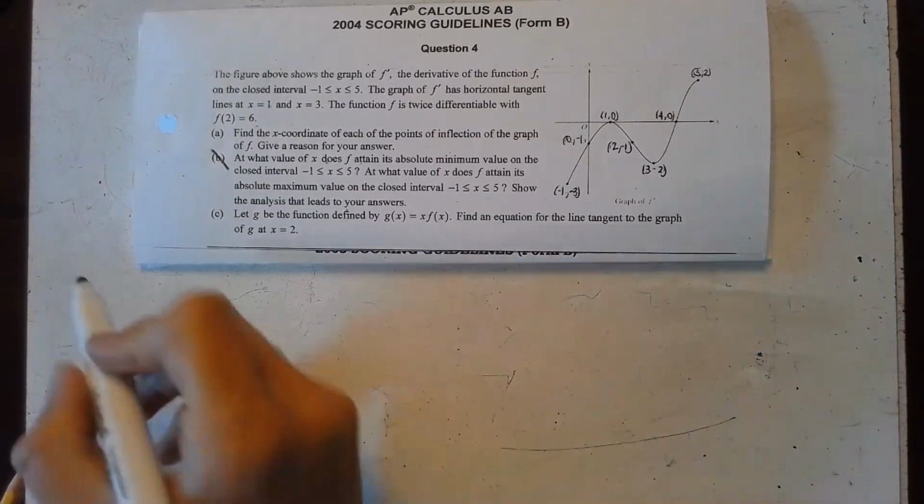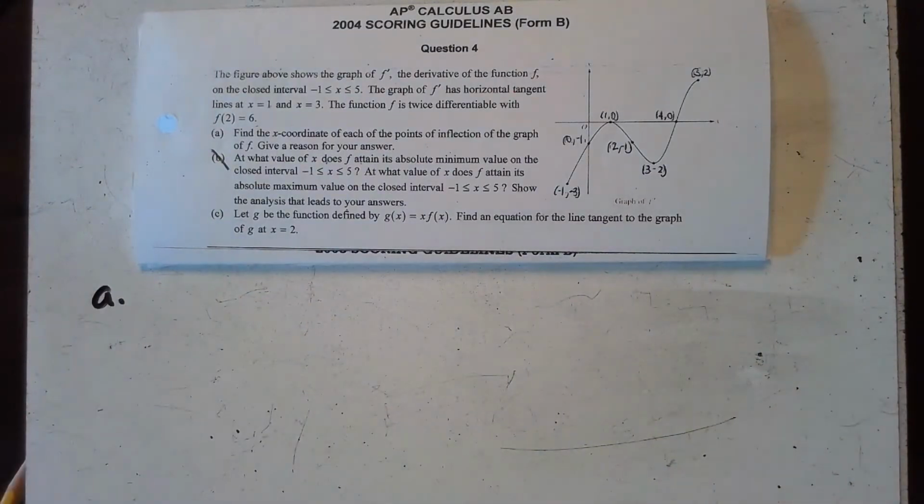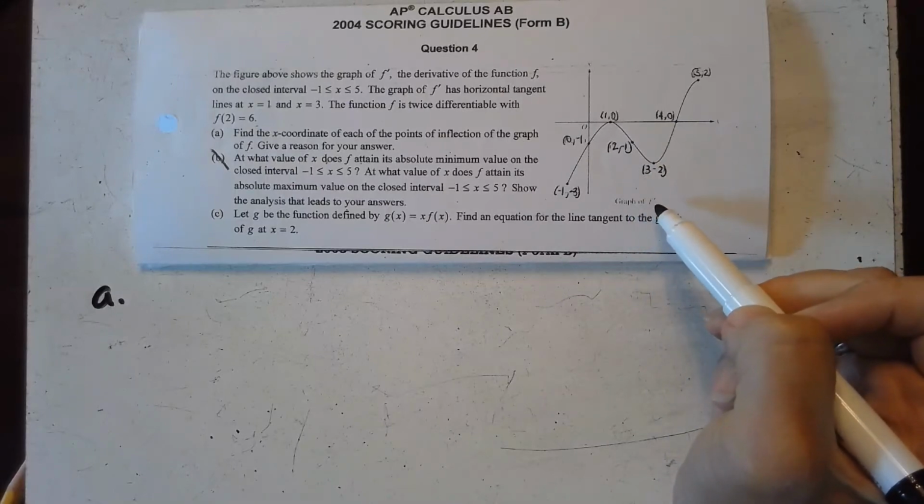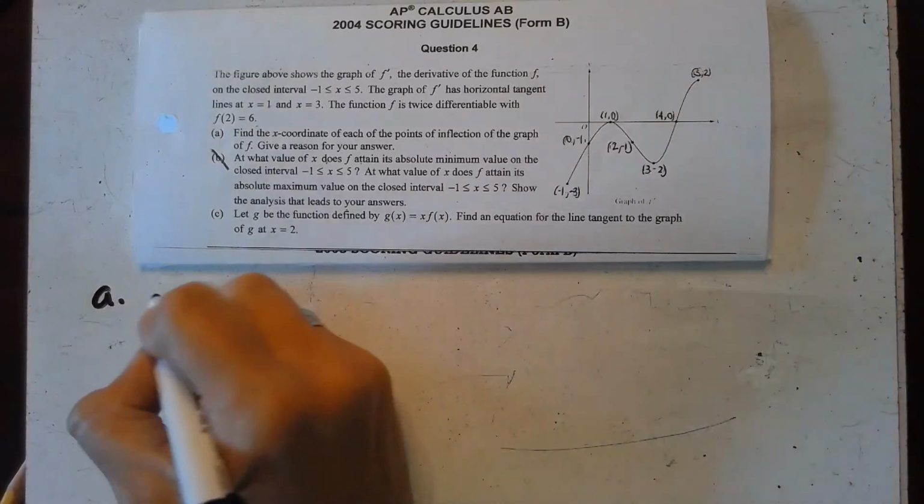All right, so part A, find the x-coordinate of each of the points of inflection of the graph and give a reason for your answer. Well, let's think about this, the inflection points.